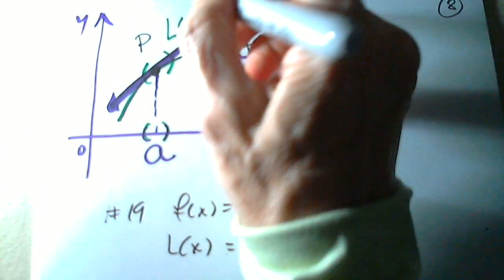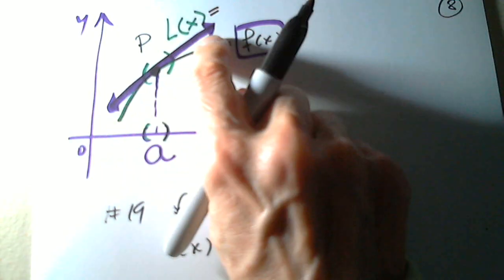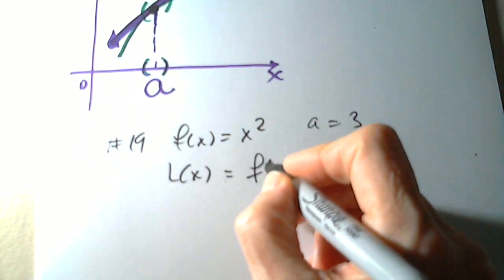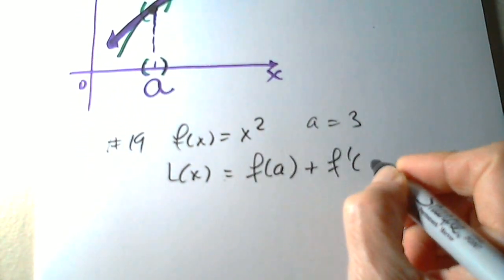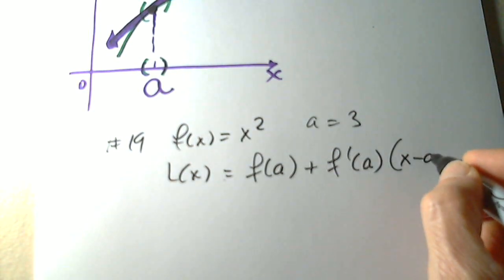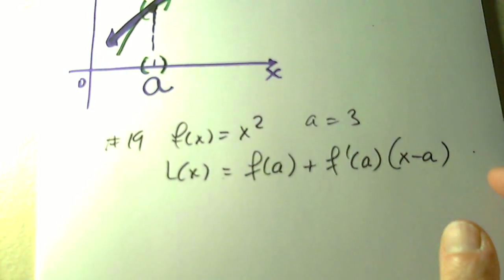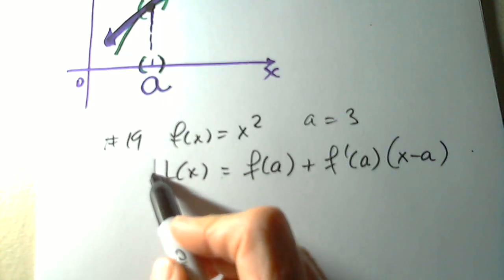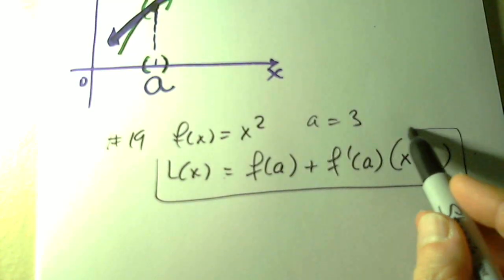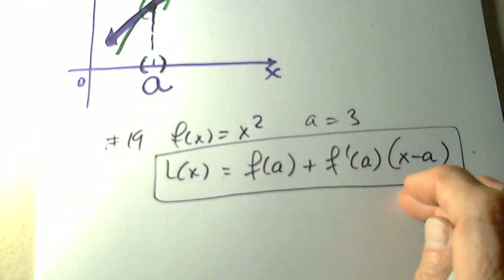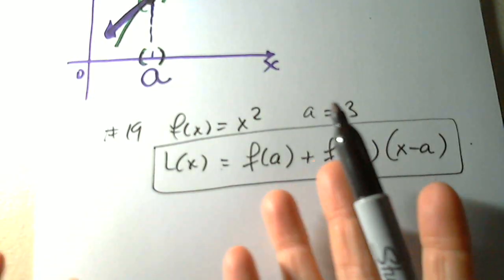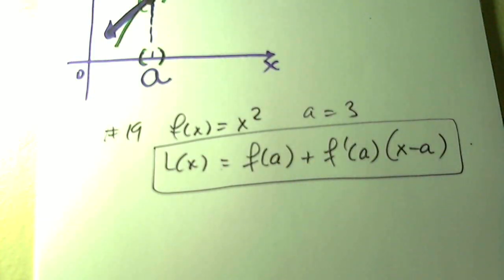So the equation of the tangent line, L of x, is f of a plus f prime of a, x minus a. When I have time hopefully next Monday after the spring break, I'll show you how we get to this formula. All I have to do is plug it in.